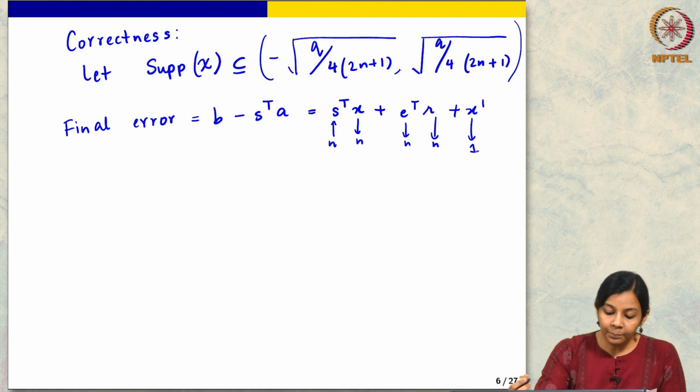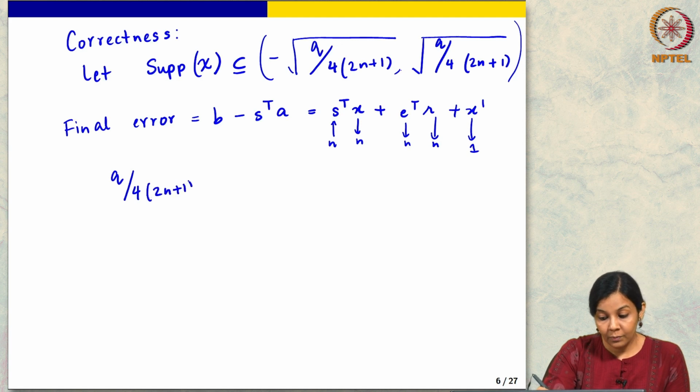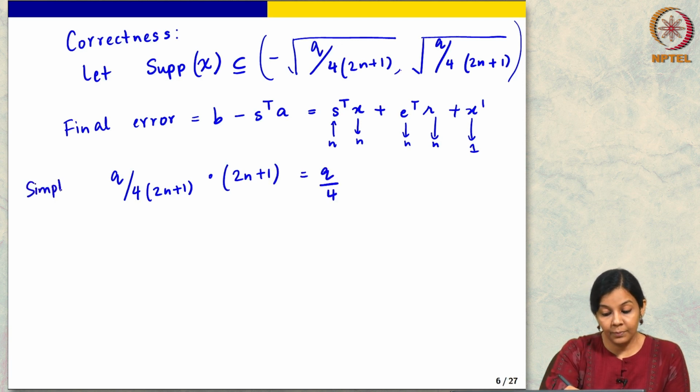And a very simple bound is Q over 4 times 2n plus 1, which is at most Q over 4. This is a very simple bound. You can see how it comes about.